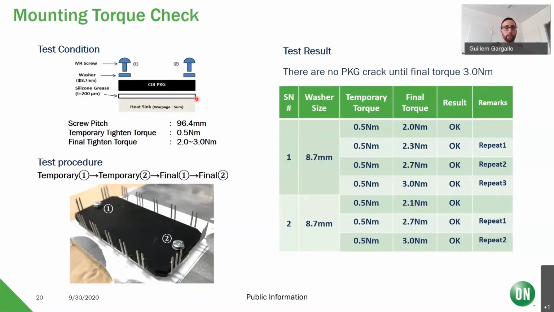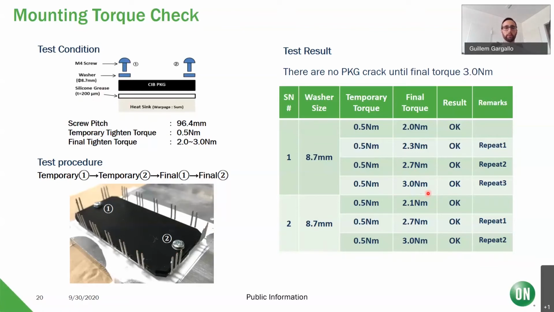So we printed a very thick layer of silicon grease of 200 micrometers. Then we mounted the screws using relatively high torque, and analyzed whether we can see any signs of ceramic crack by, for instance, doing a high pot test.